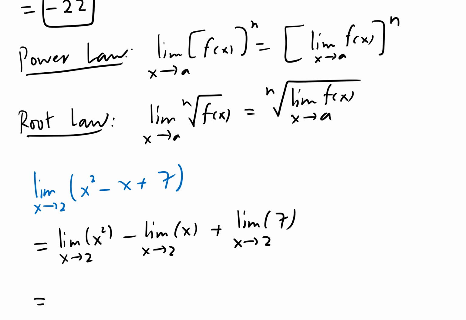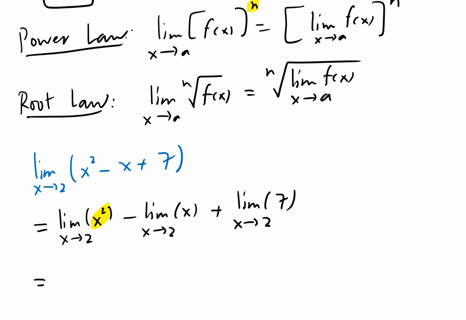Now the first one, x squared, applies the power law, which says you can move the limit inside: the limit as x approaches 2, all squared, minus, let's keep everything else the same. I don't have any constants to pull out, and the last one stays the same.